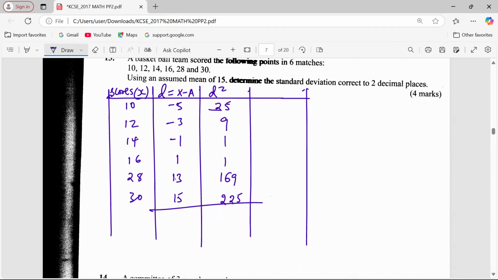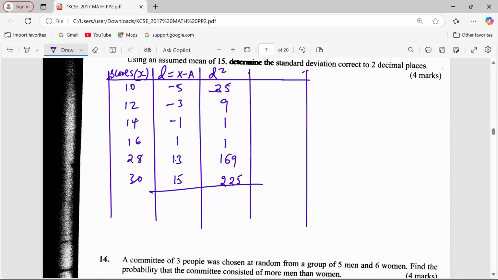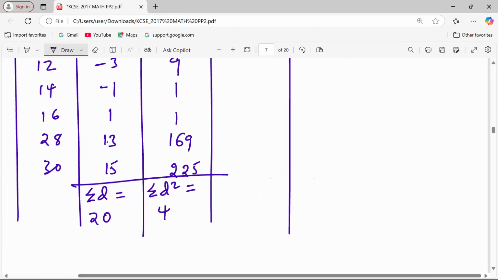So I'll be talking about a summation of the deviations, which will give us 20, then summation of the deviations squared, which will give us 430.